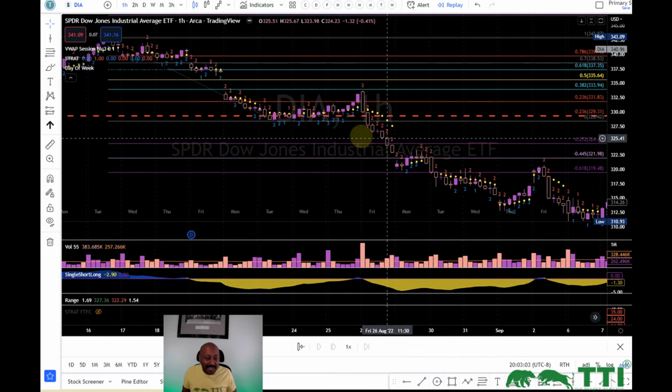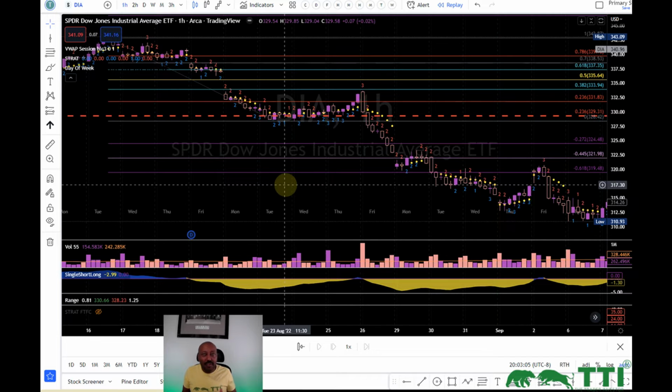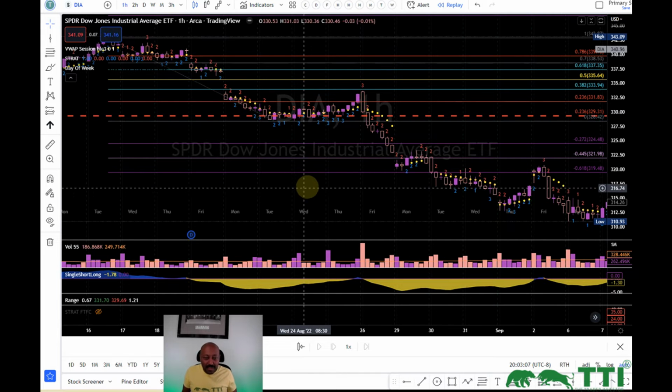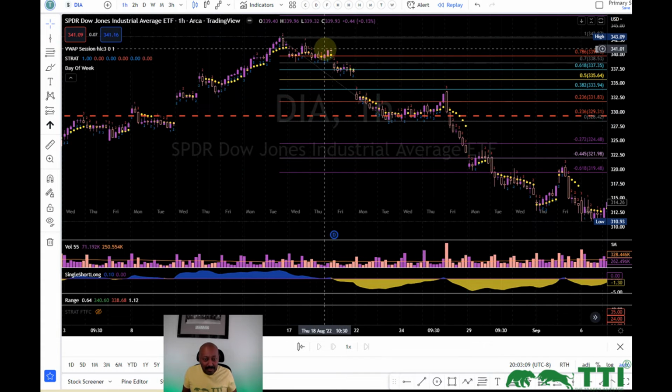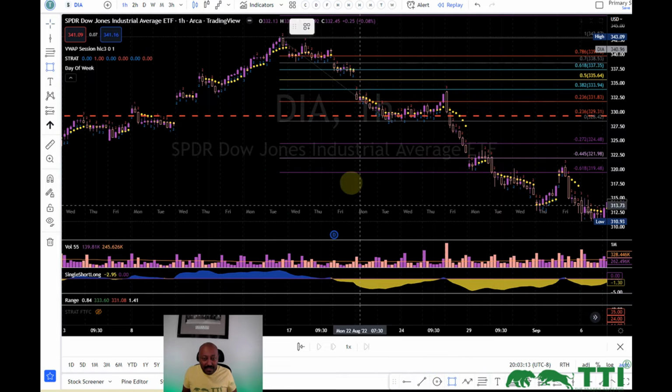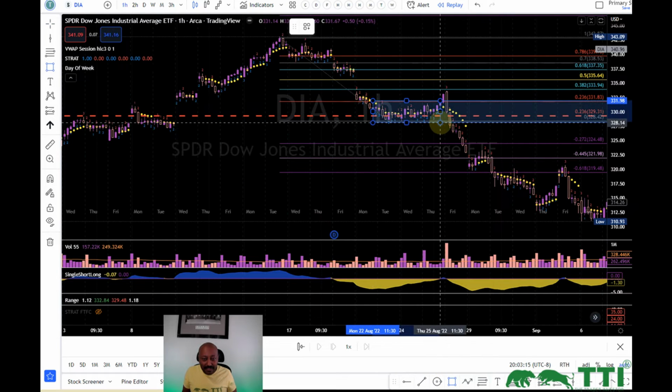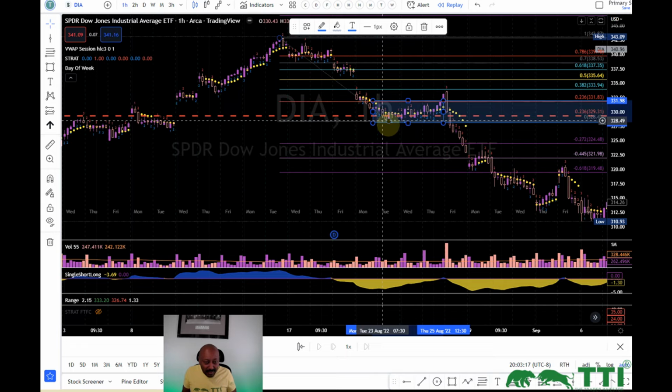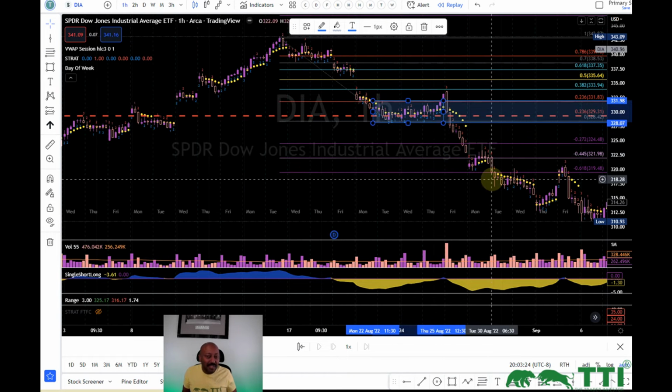On the pattern side, it's called a flag formation. This is your pole, price going down is your pole, and then this is your flag. Right? This box here is your flag, and this is your pole. When you break outside of the flag, you enter your trade.